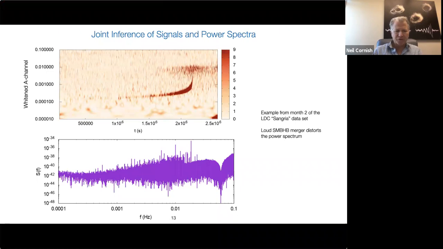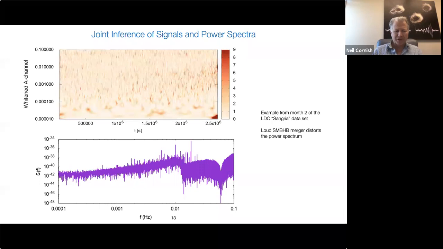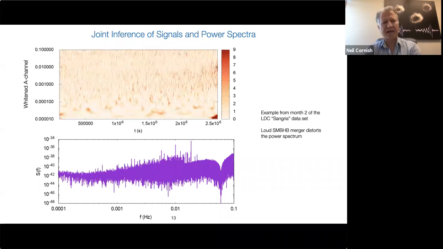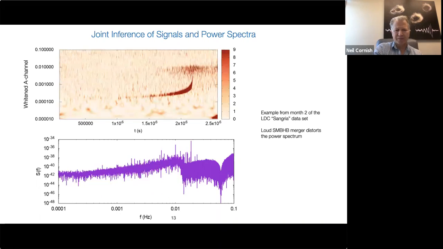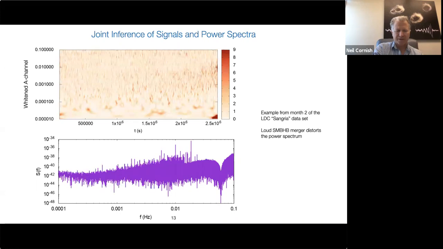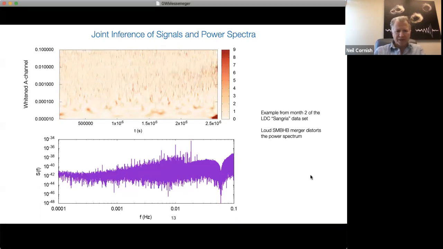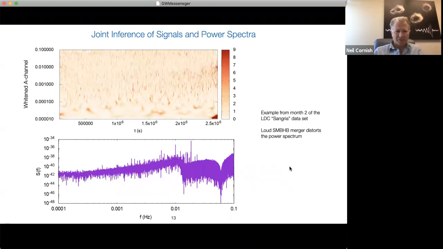So you have to do joint inference of the supermassive black holes and the power spectra, because the black holes are so loud that they throw off the power spectral estimation. You can't use off-source data to estimate the power spectral densities in LISA because there is no off-source data. Everything always includes the sources. So this has to be done simultaneously, which is something that we do in the context of LIGO data analysis with the BayesWave algorithm. It's the same idea here applied to LISA.